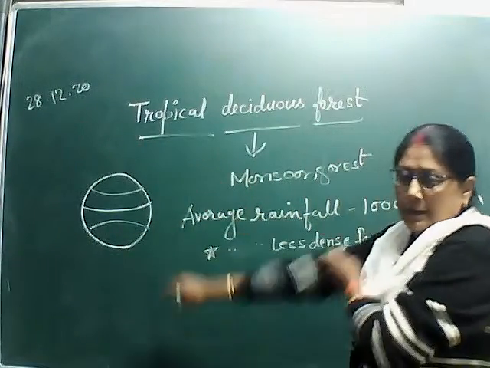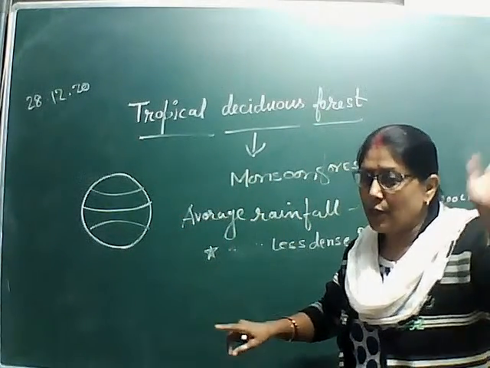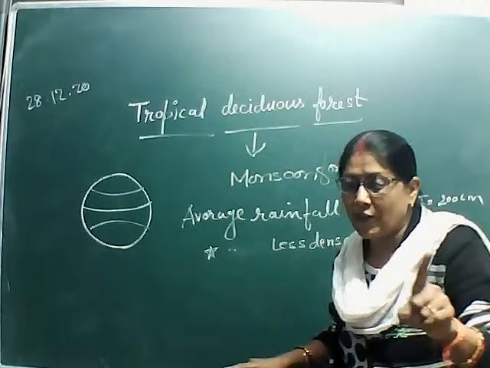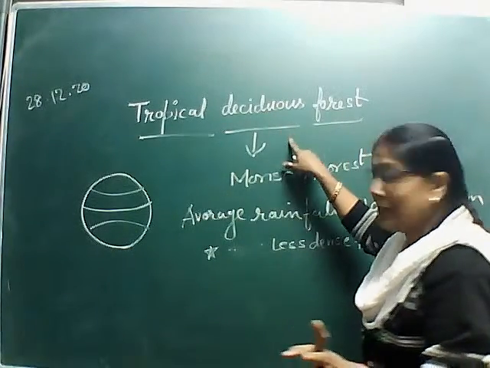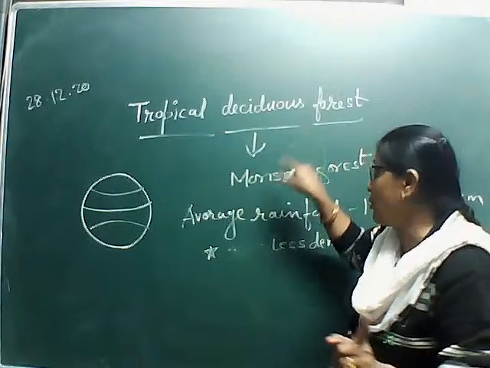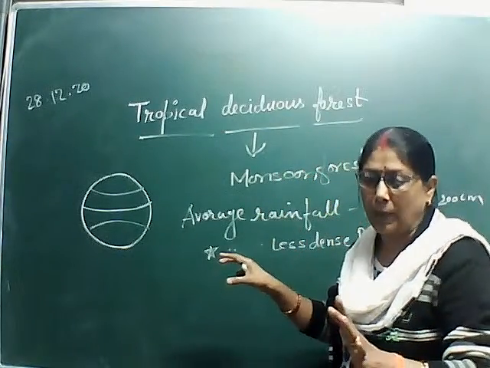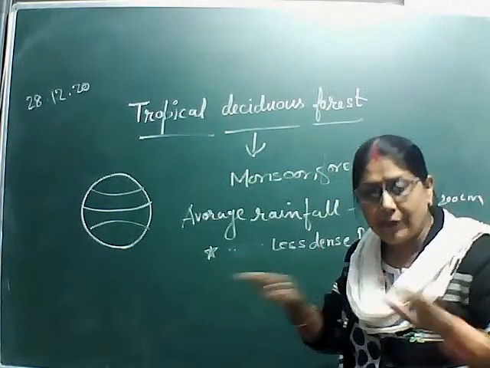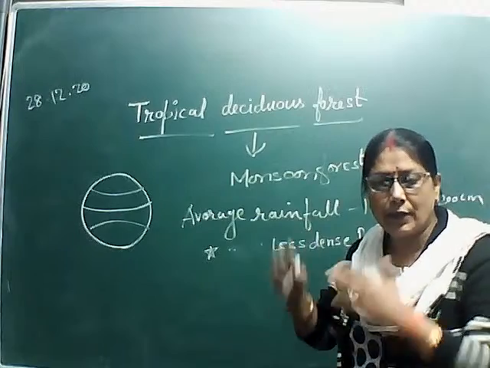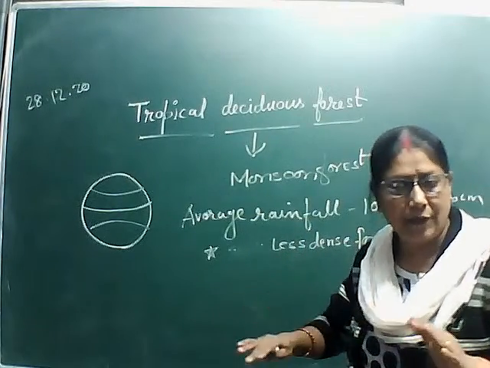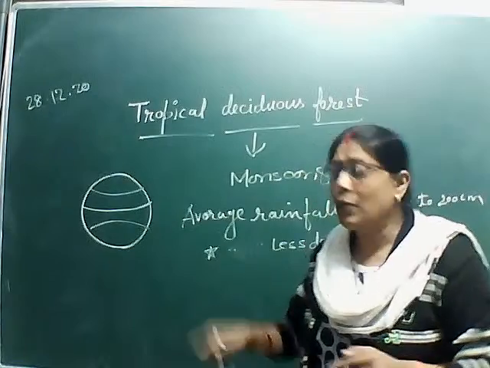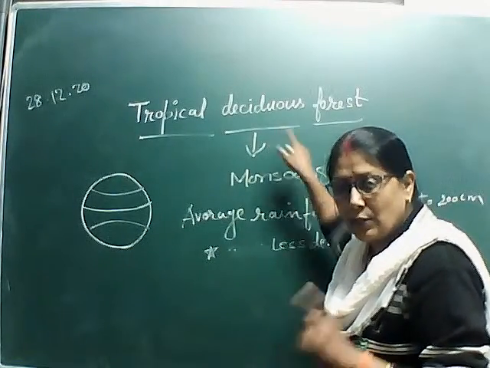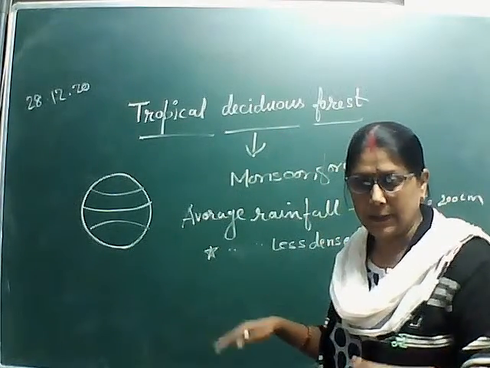Tropical rainforest is known as evergreen forest because they grow where heavy rainfalls are. And tropical deciduous forest is known as a monsoon forest where average rainfall is 100 to 200 centimeter. Tropical rainforest is a dense forest, whereas tropical deciduous forest is a less dense forest.